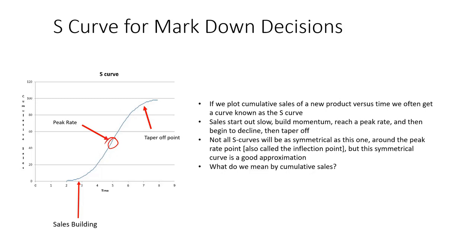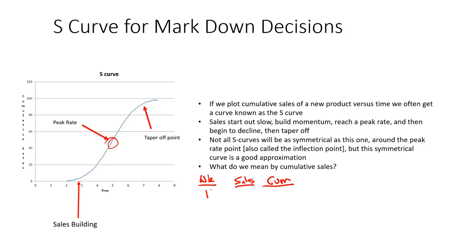Now, what do we mean by cumulative sales? Well, let's presume that we have a product that we're introducing into the marketplace, and we're going to track sales by week. And then we're going to add up the cumulative sales.